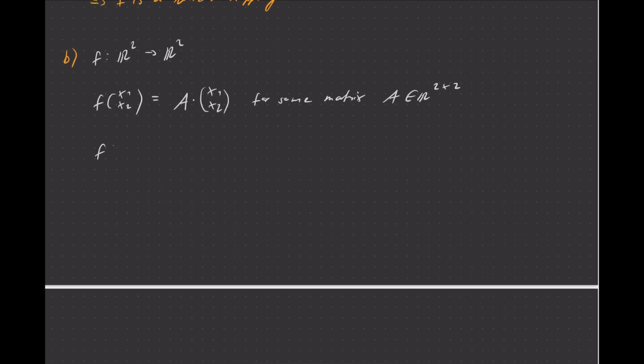Then if we have a look at f of x plus y, by definition that is the matrix times x plus y. And by the rules of matrix multiplication, that's the same thing as Ax plus Ay. So again, we have f of x plus f of y.